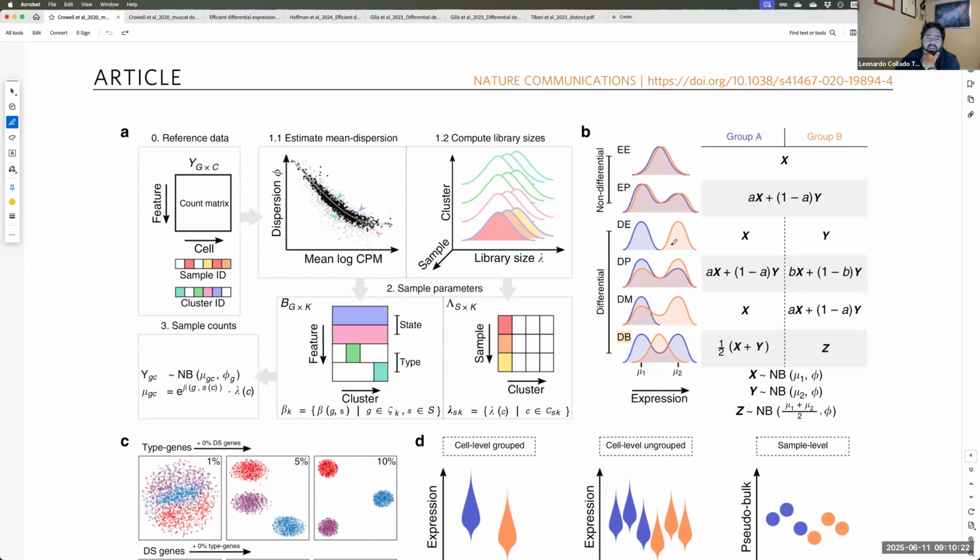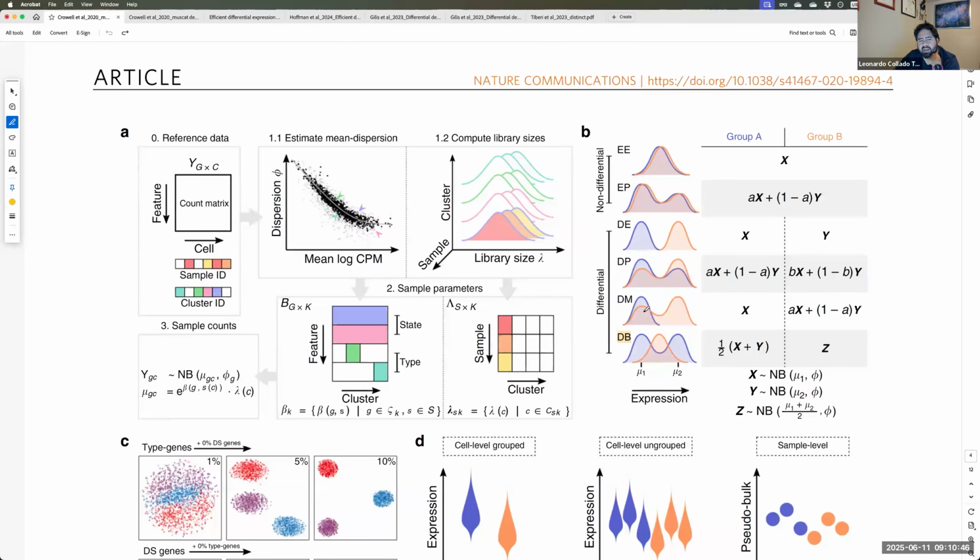But then they start looking at other more complicated scenarios. For example, here in this DP scenario, if you compare blue and orange, you have the same mean, but the shape is different between the two, where blue has more expression on that first mode, whereas orange has more expression on the second mode.